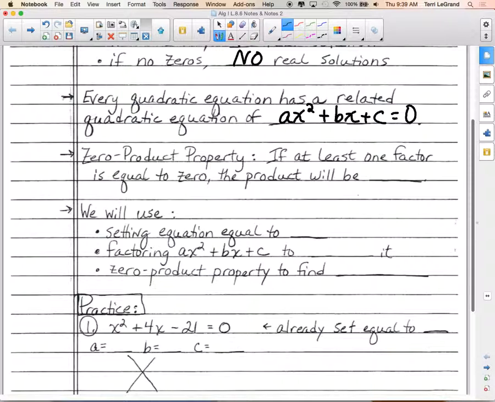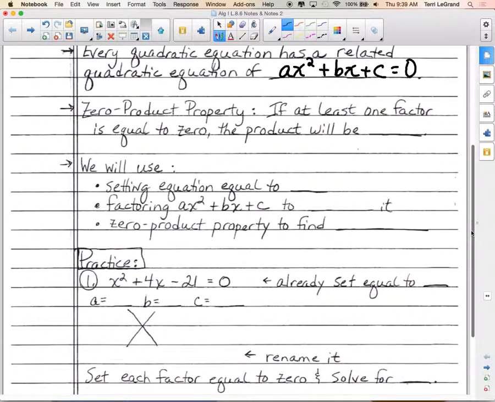What are they? 0. So we can replace the y with the 0 because we're really looking for which x values will make the y value equal 0. That's why we set it equal to 0 instead of y when we want to solve it.